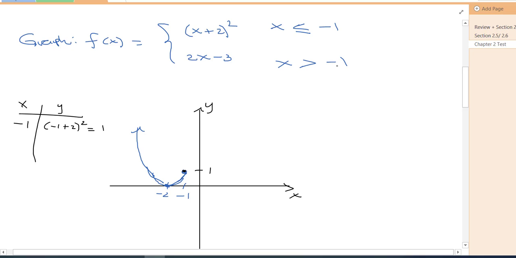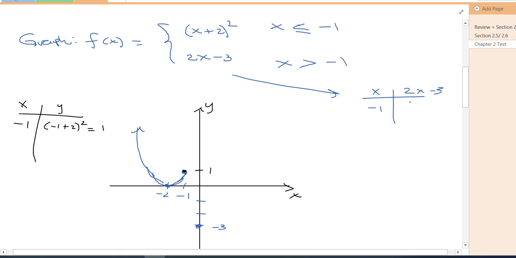Now when x is -1 for this one, so this is the line 2x minus 3. So we have a y-intercept at -3. And so we're going to cross there. When x is -1, so what does this guy do when x is -1?